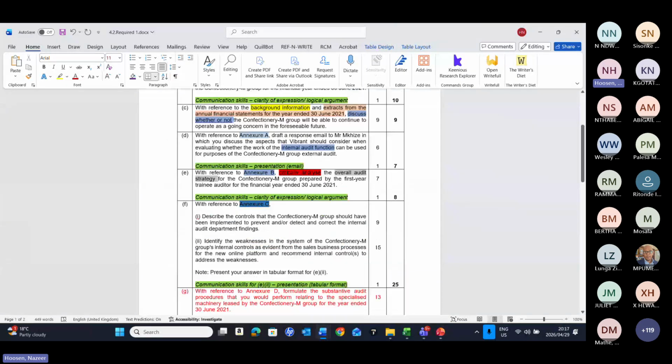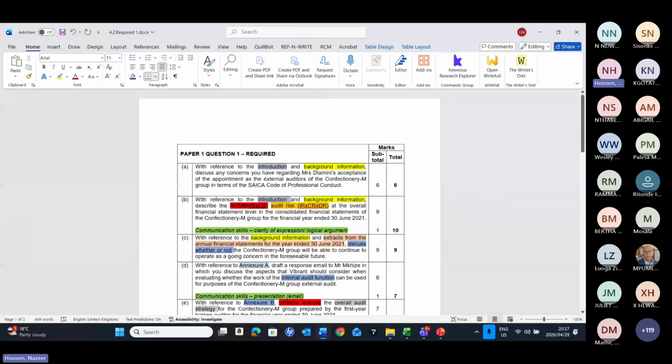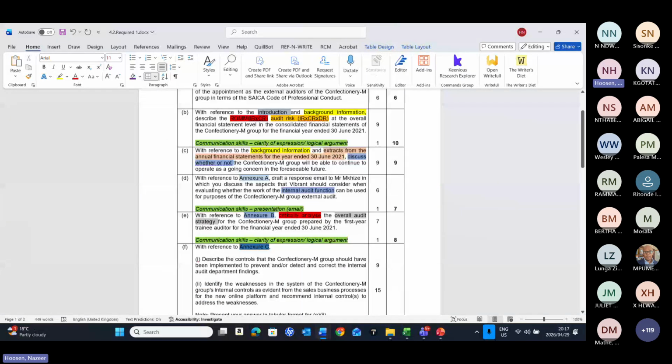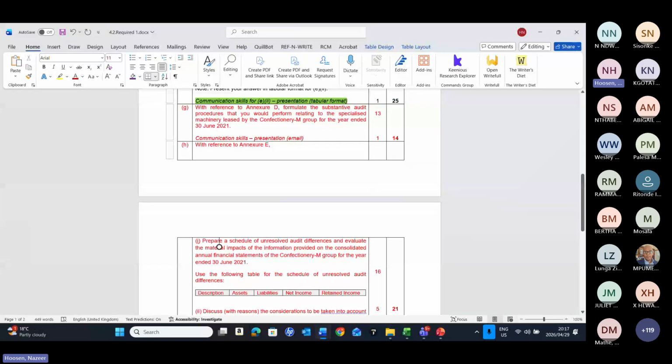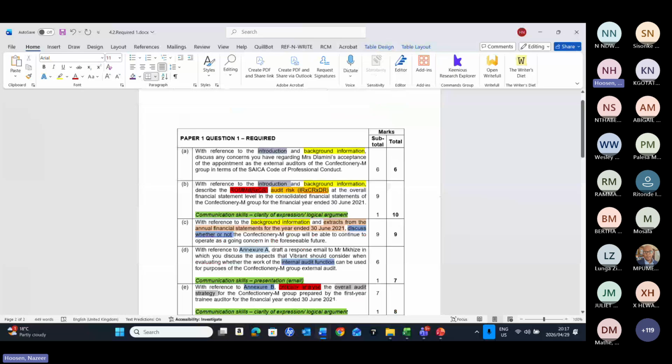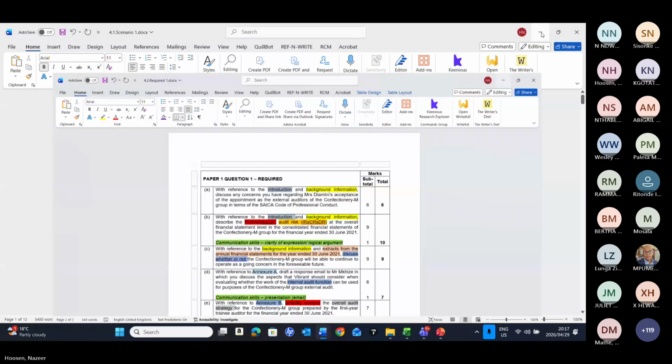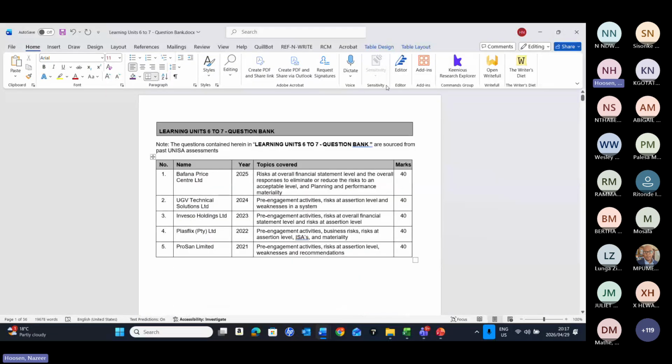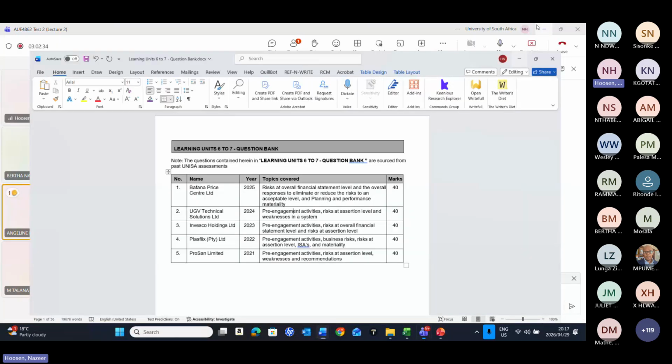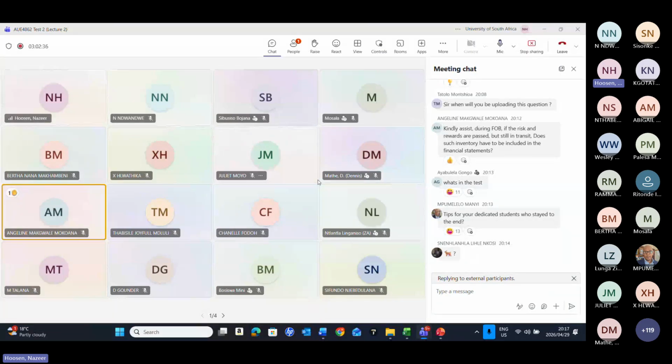It can also be utilized in future for test 3, forthcoming part G and H. You don't need to know part G and H for now, but for test 3, you'll learn it at that point in time. And like I've stated, for other additional external questions, you can obtain them online at SAICA's website, and practice those additional questions as well.